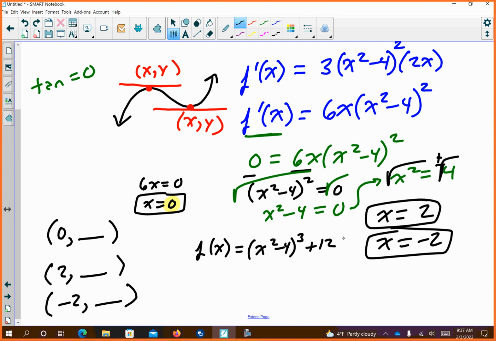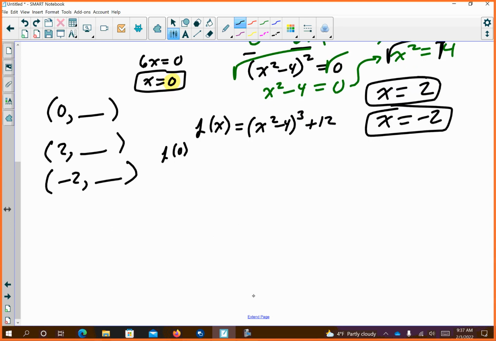All right, so let's plug 0 in first. So I'm basically going to do f at 0 equals 0 squared minus 4 to the third plus 12. So that's going to give me negative 4 to the third plus 12. If you don't know your perfect cubes or have a calculator, negative 4 times negative 4 times negative 4 is negative 64, plus 12.